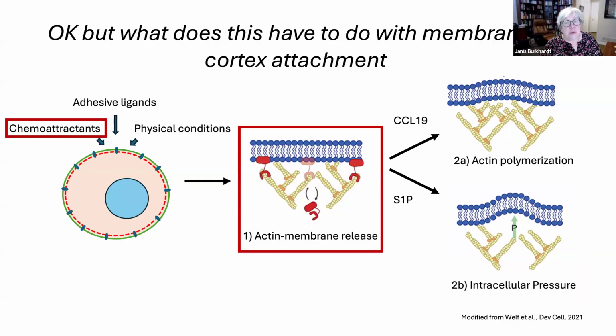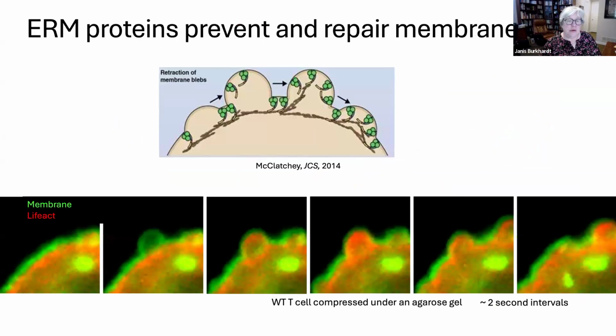But apart from showing you there's different cortical release kinetics, I didn't really explain to you why not having myosin would be a problem for this bleb-based motility. And to understand that, what you need to realize is that myosin is one of the key proteins that connects the cortex to the membrane in the first place. So this prevents blebbing, and when a bleb does form, it heals it.